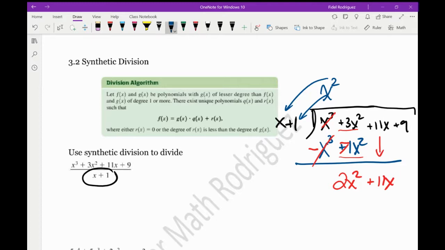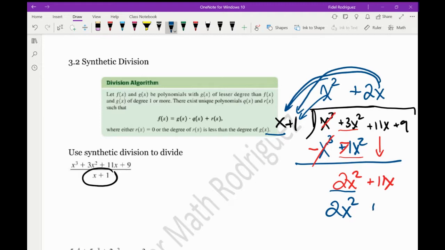Now, I'm going to play that same game we played a little while ago. I'm going to ask myself, what do I need to multiply x by so that I would end up with the 2x squared? And I would say, look, why don't I multiply x by 2x? Because 2x times x leaves me with a 2x squared, right?